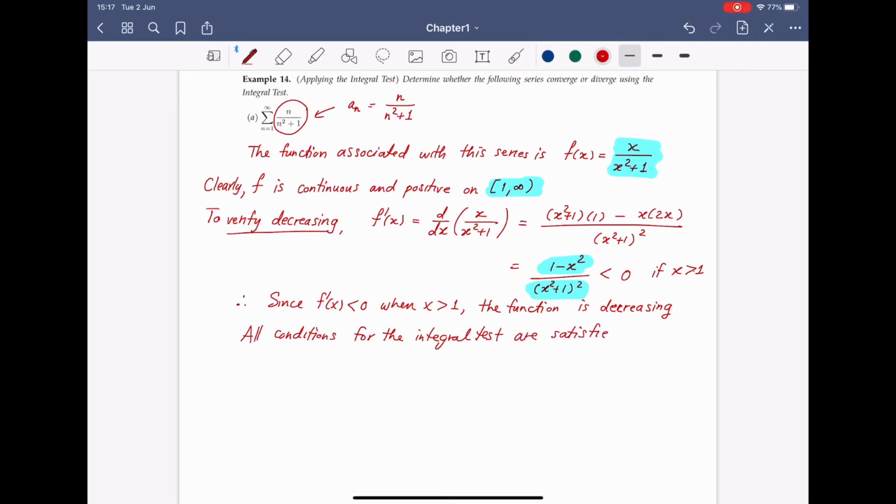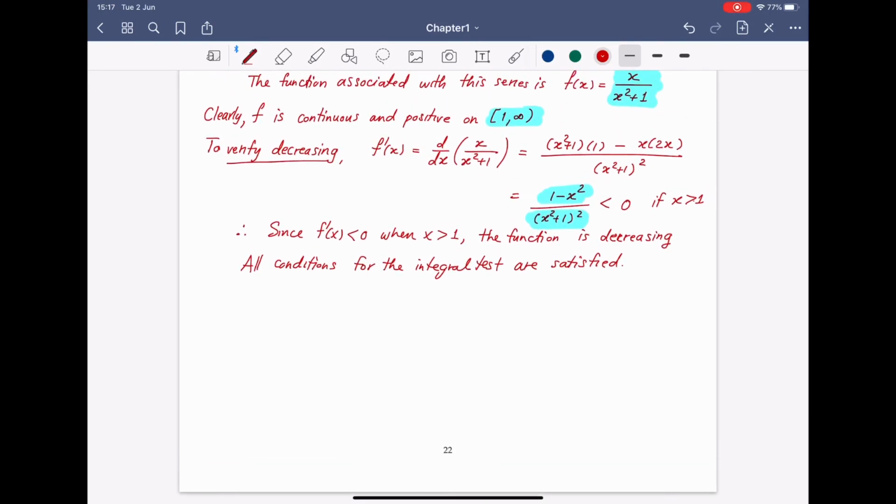Alright, now let's integrate this. We are going to integrate x over x squared plus 1 dx from 1 to infinity, and whatever answer we have, we can conclude that the series behaves the same way as the integral.